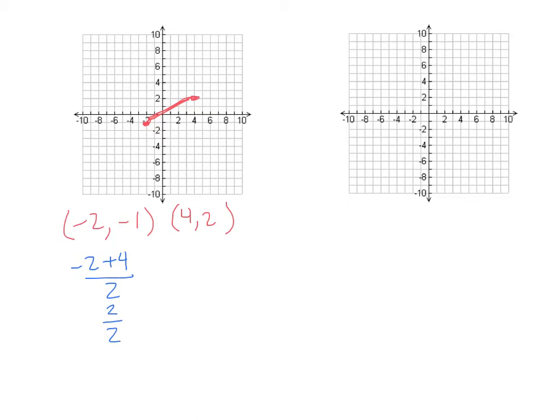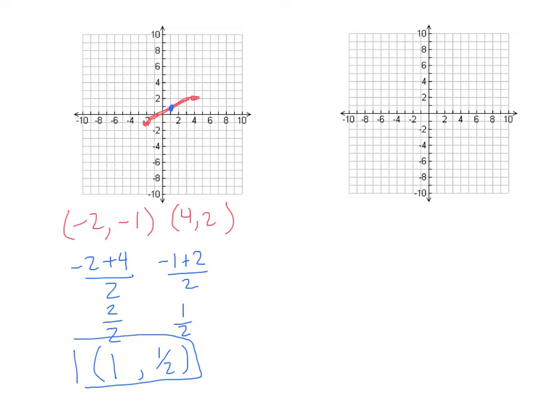So the x-coordinate is 1. Now if we were going to find the average of the y's, we would have -1 plus 2 over 2. So we would have 1 over 2. And our y-coordinate would be 1/2. So we could say that the midpoint was 1, 1/2. If we go up and look at our graph, we see 1, 1/2. Yeah, that's the midpoint, even with my shoddy lines.